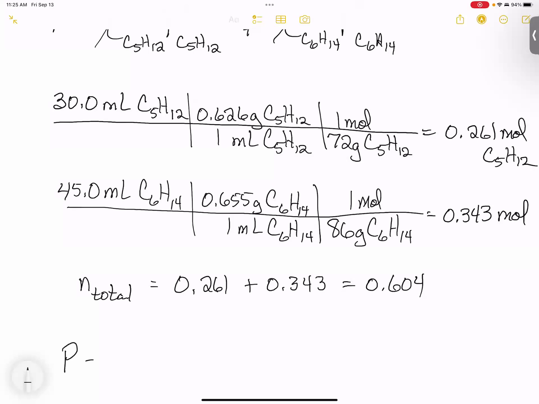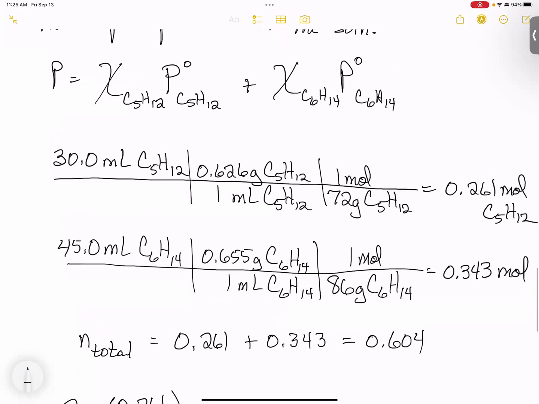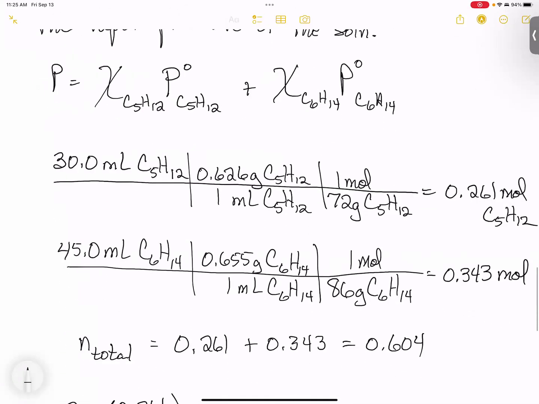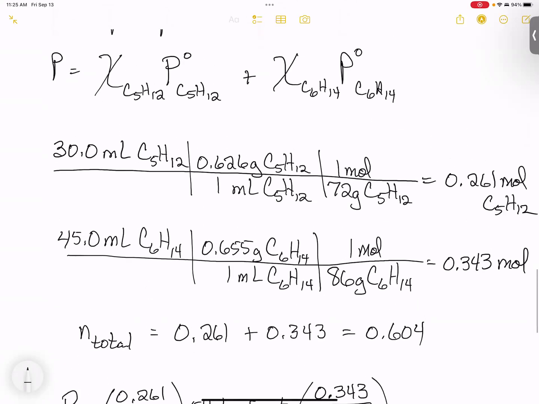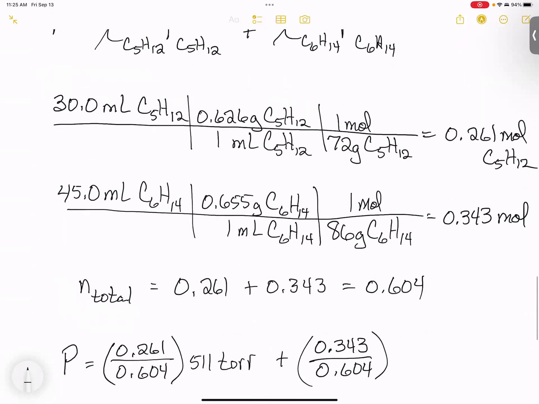So our pressure is going to equal the mole fraction of the pentane, which is going to be 0.261 divided by 0.604 times the original pressure of pentane, which is 511 torr, plus the moles of hexane, 0.343 divided by the total moles, times the original pressure of the hexane, which was 150 torr.